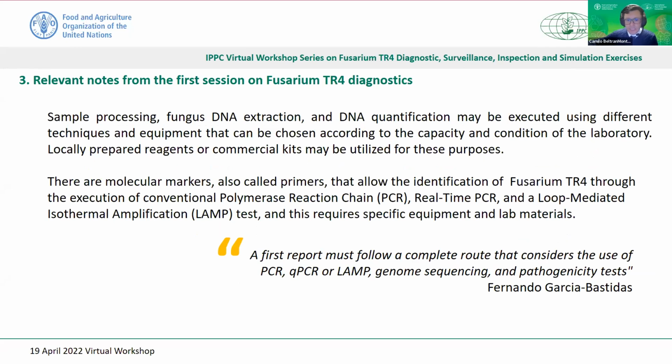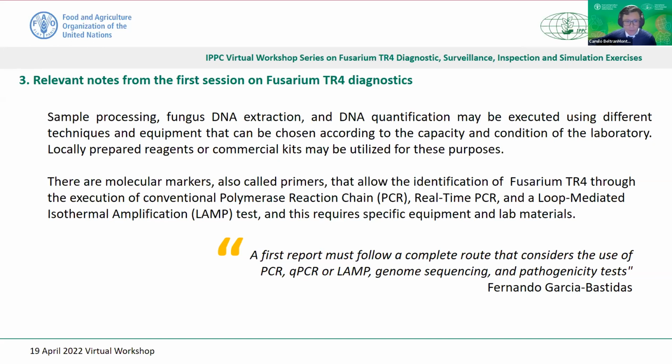It was noted that the sample processing, the fungus DNA extraction, and the DNA quantification may be executed using different techniques and equipment that can be chosen according to the capacity and condition of the laboratory. Locally prepared reagents or commercial kits may be utilized for these purposes.